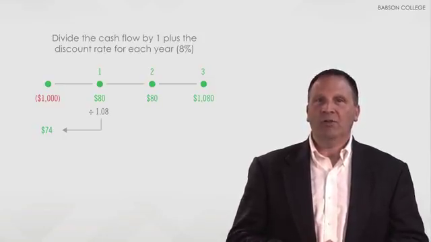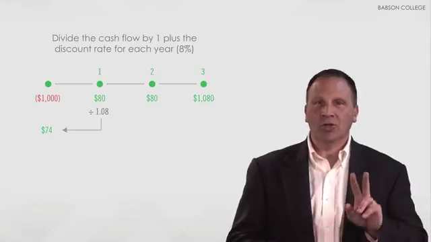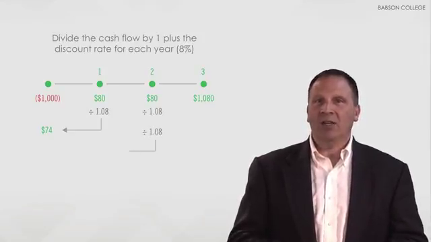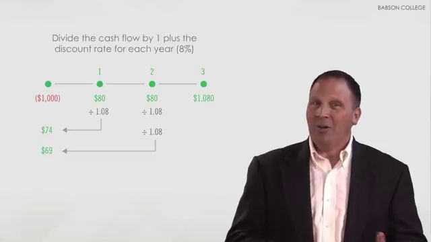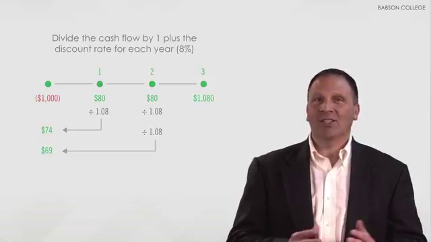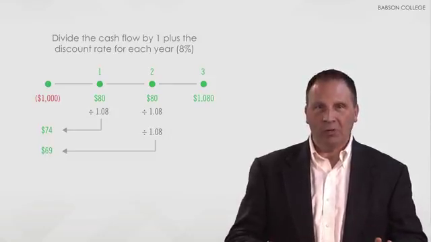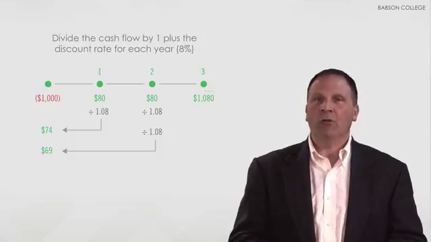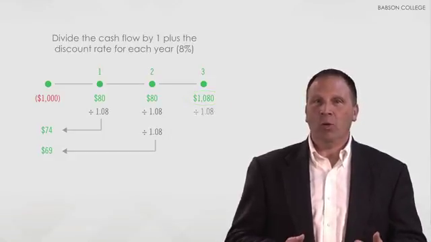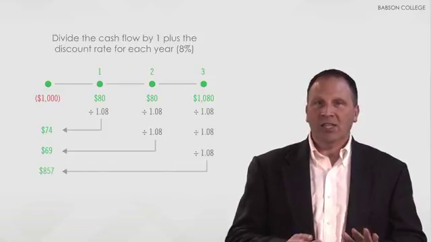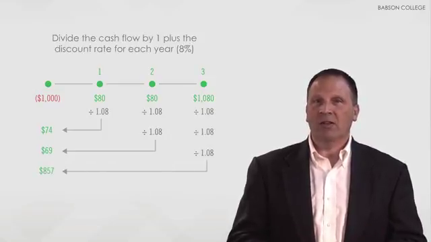The present value of the $80 cash flow that occurs in year 2 is $80 divided by 1.08 twice, so 80 divided by 1.08 once is 74, and divided by 1.08 again gets us to $69. Now for year 3, you're scheduled to receive a total of $1,080, the final interest payment plus the repayment of the principal. We find the present value by dividing by 1.08 3 times. This gets us to a total of $857.